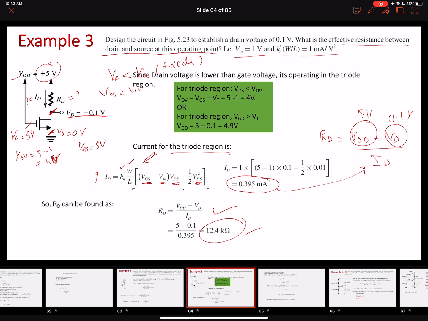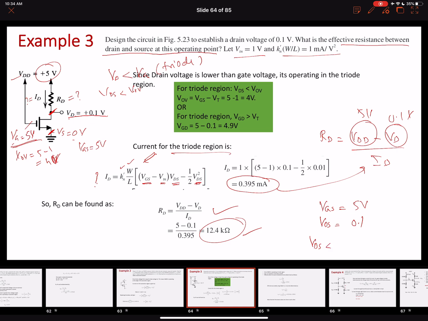In order to find this resistance, let's look at the values. What is our gate to source voltage? We saw that it is 5 volts because source is 0. And what is our drain to source voltage? Since source is 0, drain to source voltage is 0.1.